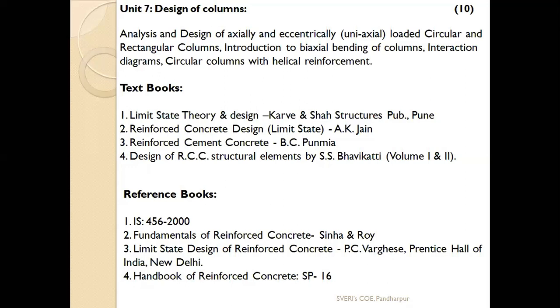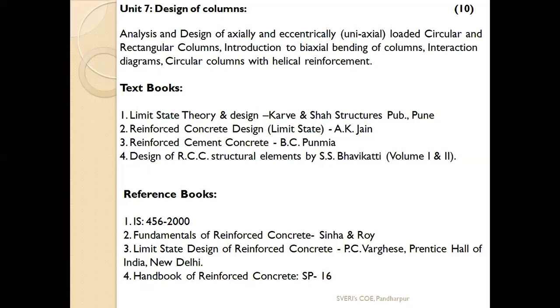Now, as we come across the term column, we imagine a vertical member which carries the load. Normally we define the column in that way also. If you see along the length of the column, if the load is acting exactly at the center of the column along the axis, then it is called an axially loaded column.